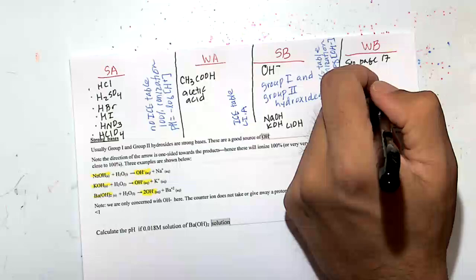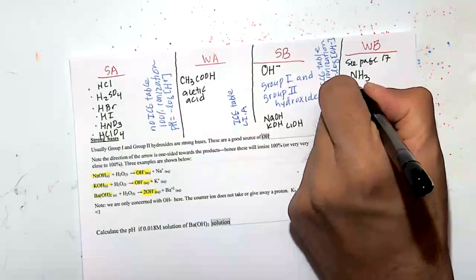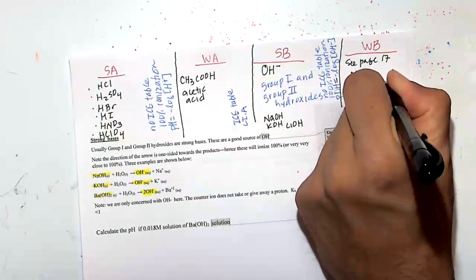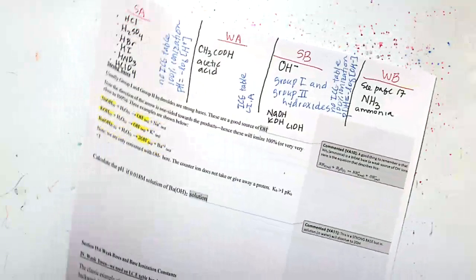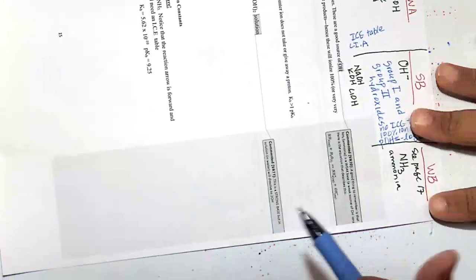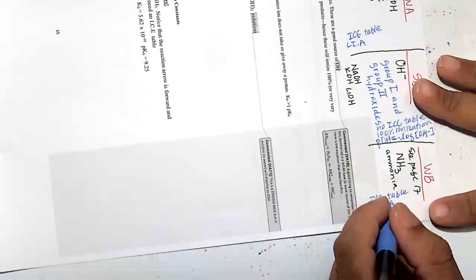Many people don't know this, but ammonia, NH3, is a source of OH minus. So what do we do here for the weak base? We have to use an ice table, and we can use the low ionization assumption. Before we calculate pH, what do we have to calculate? We will calculate pOH, and from pOH we will get pH.